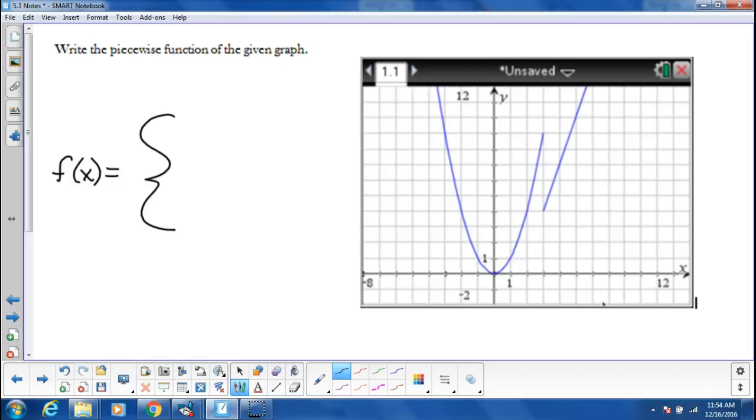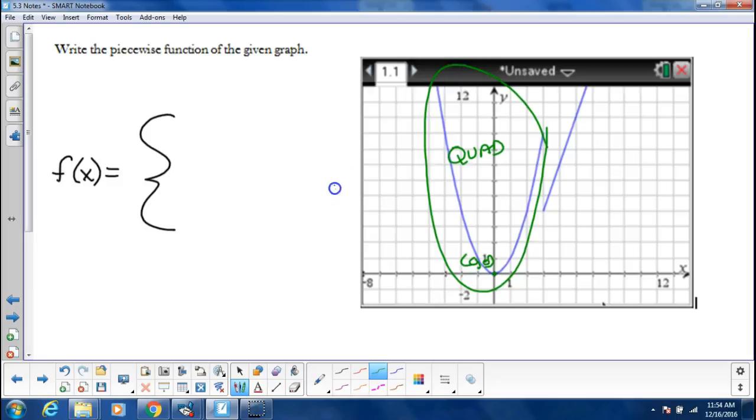Okay? All right? So, first piece, what does that one look like? Looks to be like a quadratic, right? So we have to think back to, what was that, chapter 2 or chapter 3 when we did quadratics? That was 2. Okay. Looks like it's got a vertex down here at the origin, right?